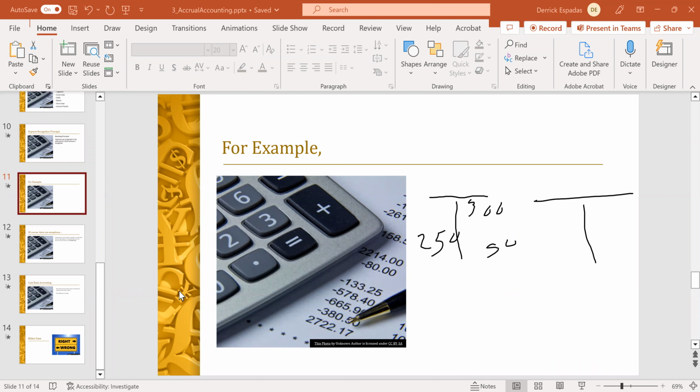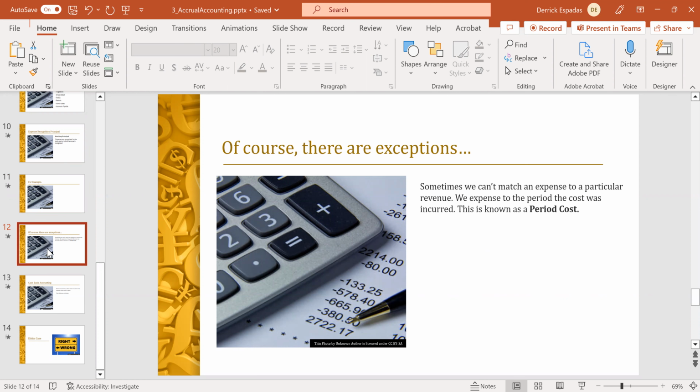So even though we have revenue, we have to expense it out. And we'll go ahead and expense it out during the year. We'll do more detailed examples in there. But just know that's what we'll do at the end of the year to recognize that we did perform the service, just to make sure.